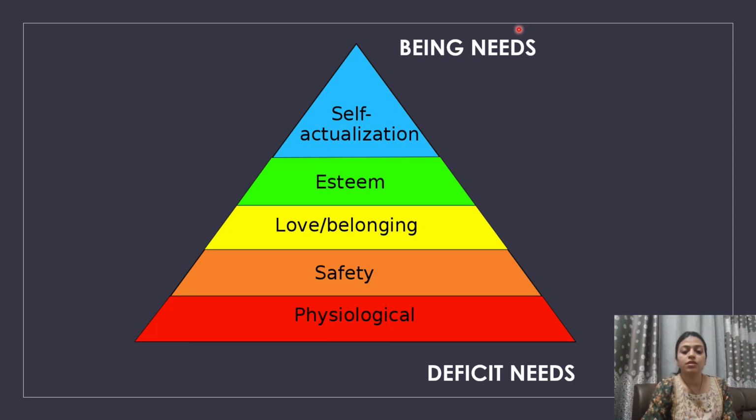First is self-esteem, which results from competence or mastery of a task, and the second is attention and recognition that comes from others. Last is self-actualization, the desire to become more and more of what one is capable of becoming. To achieve one's full potential is called self-actualization.